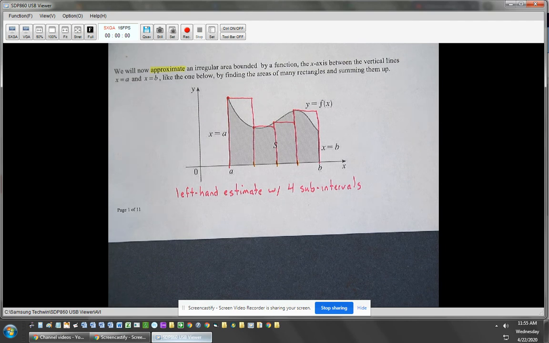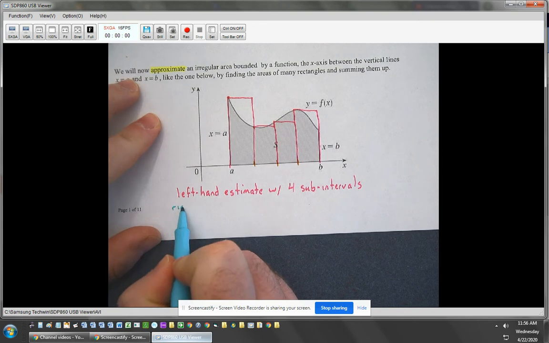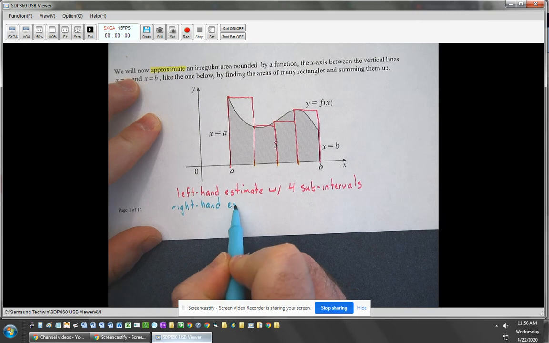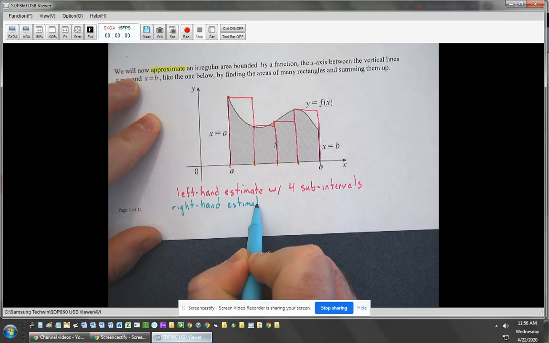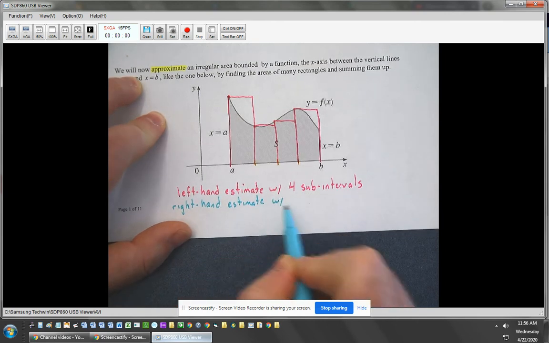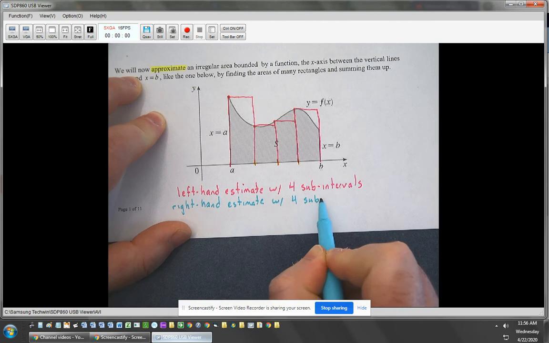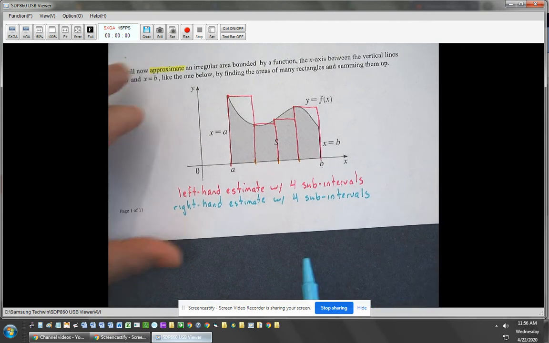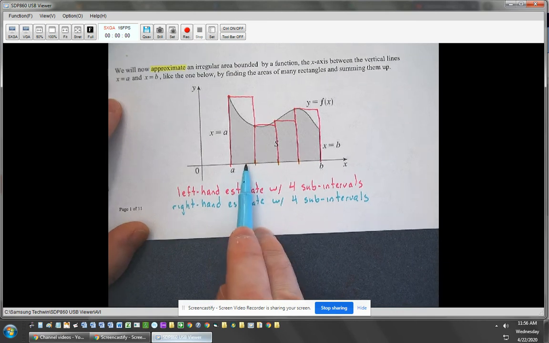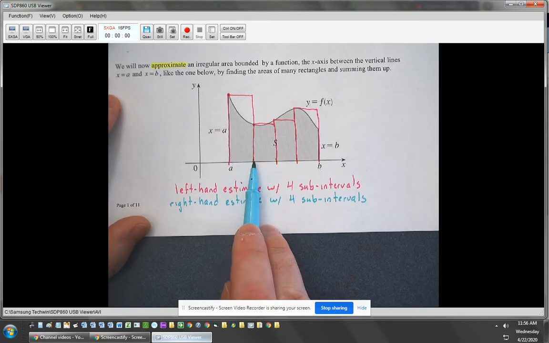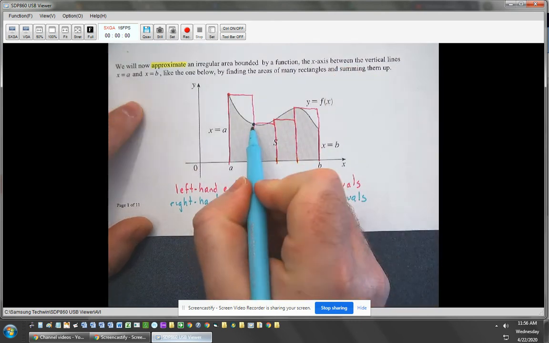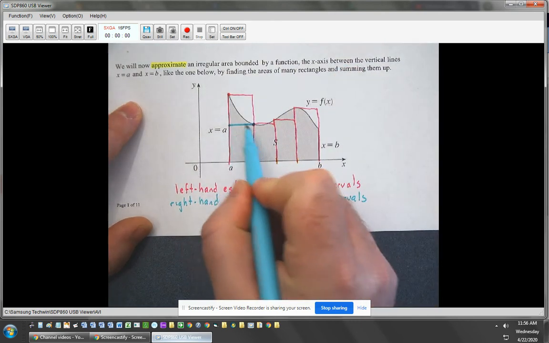Let's do a right-hand estimate. Let's do that in blue. With 4 subintervals. So this time I'm taking my subinterval, and I'm starting on the right-hand side and I'm going up to the function. So now I'm going here and then I'm working backwards because this now is the right side.